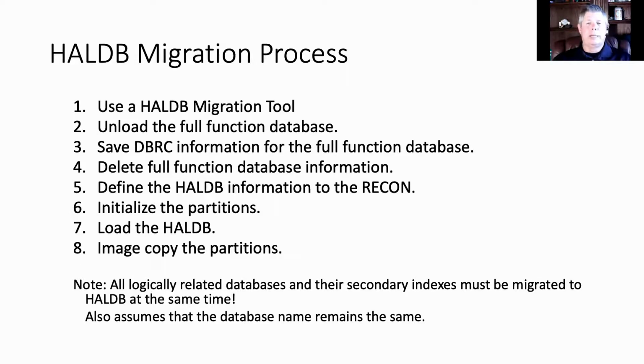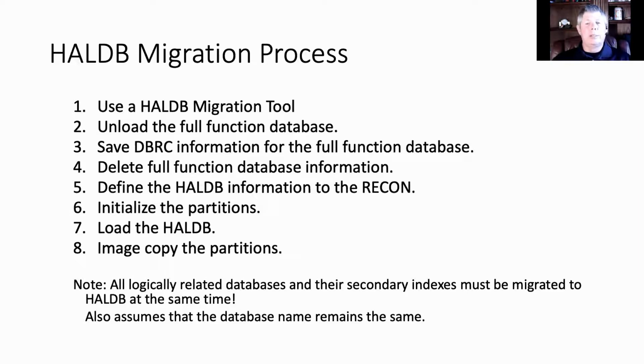You can do it using a job, the DFSHALDB, or you can use the DBRC init commands, like init.db or init.part. So the DBRC init commands can be used to define the HALDB easily. That's something you want to do.